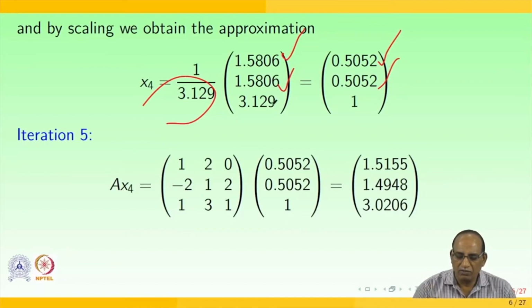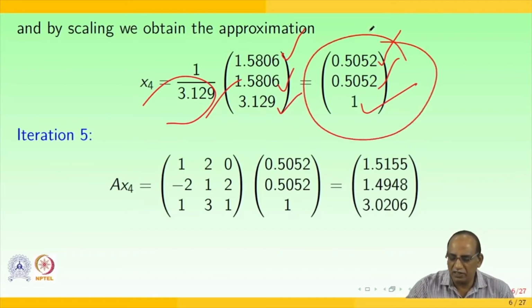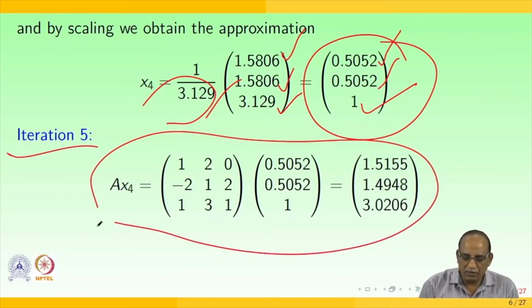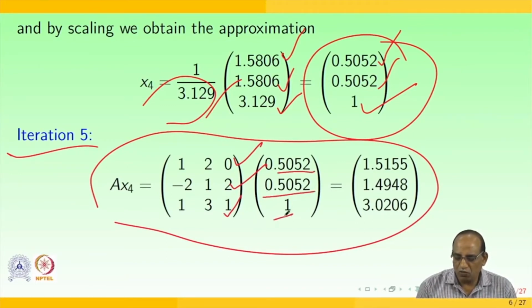The third one is 3.129 divided by 3.129, which is 1. So essentially after 4 iterations, you arrive at 0.5052, 0.5052, 1. In the fifth iteration, A x4, that is A is 1 2 0, minus 2 1 2, 1 3 1, multiplied with 0.5052, 0.5052, 1.